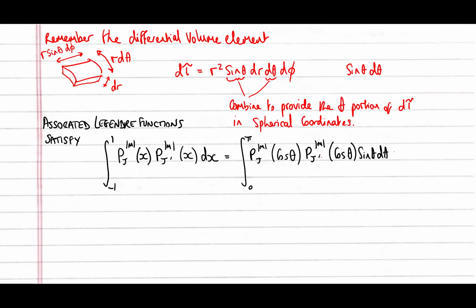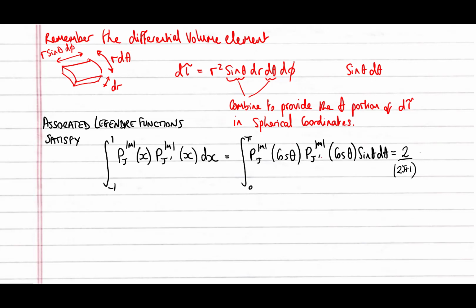And it turns out that this ends up being equal to 2 over 2j plus 1. That comes from what we talked about in the previous slide, from the Legendre polynomials piece.